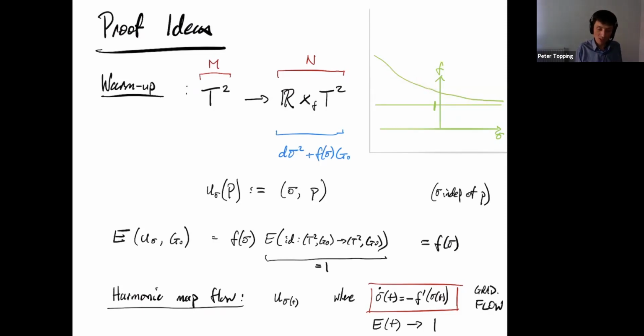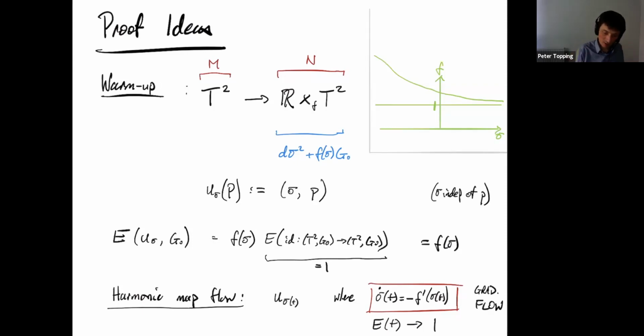Just as you had before, if you take one of these very special maps where the whole torus gets mapped to 1 point in the R component, then the energy of this map is, for the same reasons as before, just given by this warping function f. Just as before, if you do the harmonic map flow, then you do gradient flow. Nothing new there, but it's useful to set up the notation.